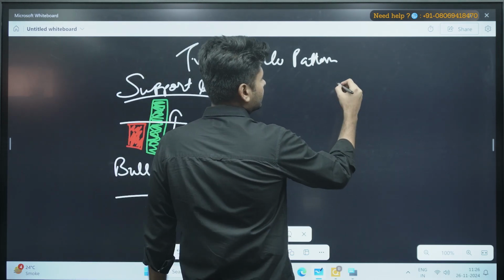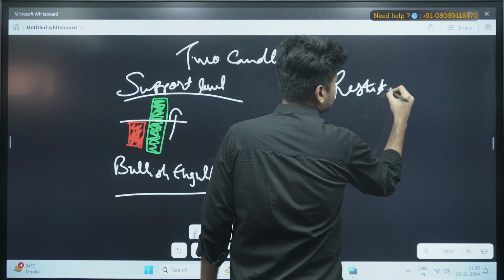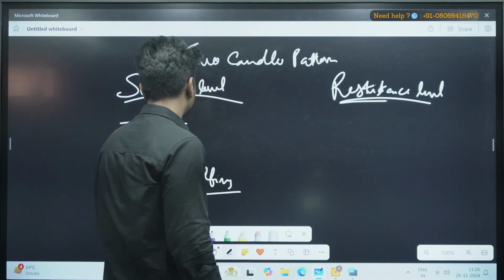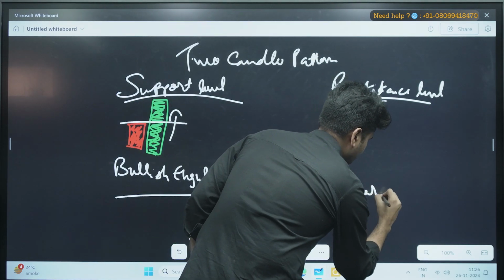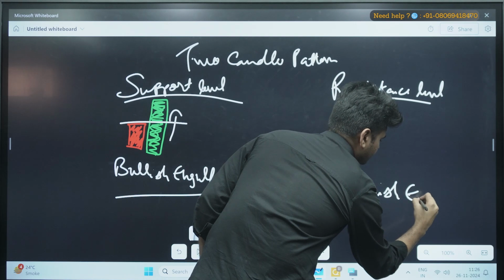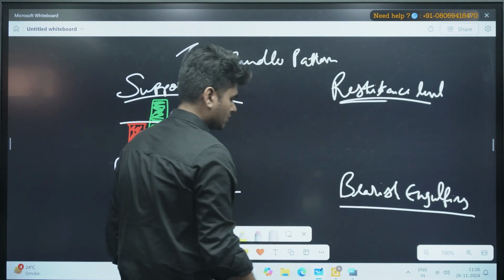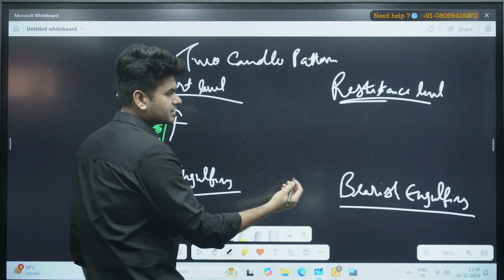Okay, similarly, now on the bearish side, we will look at a resistance level. At the resistance level we'll see the bearish engulfing. In a bearish engulfing, let's just suppose there is a green candle.